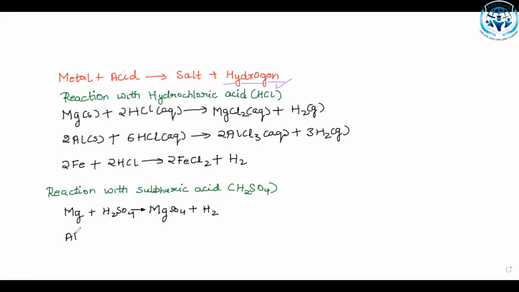In the second test tube, aluminium is reacting with H2SO4 to form the salt aluminium sulfate and release hydrogen gas. In the third test tube, iron is reacting with sulfuric acid to form the salt ferrous sulfate and release hydrogen gas.